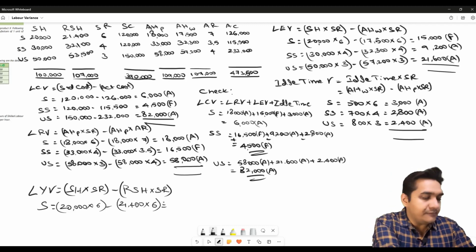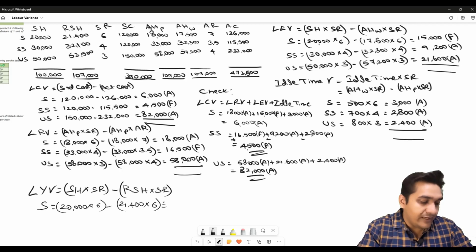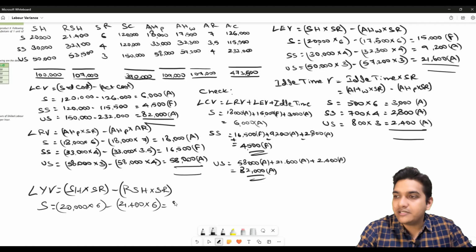So this is 20,000 minus 21,400 into 6, which is 8,400 adverse. Then semi-skilled, my standard hours is 30,000 times 4 standard rate minus 32,100 revised standard hours into 4.